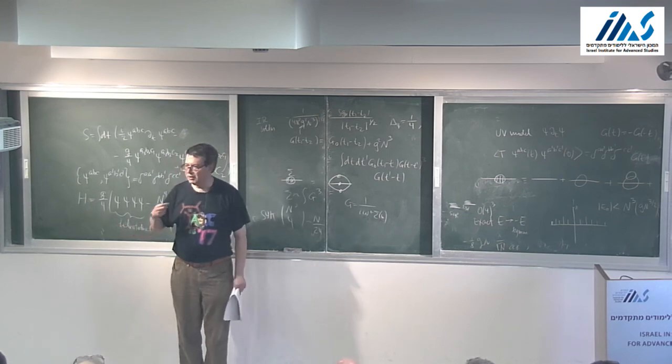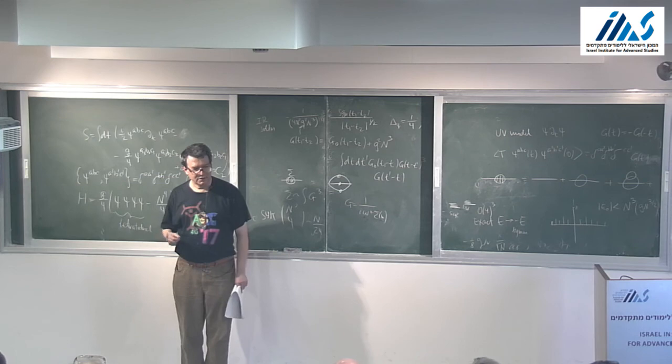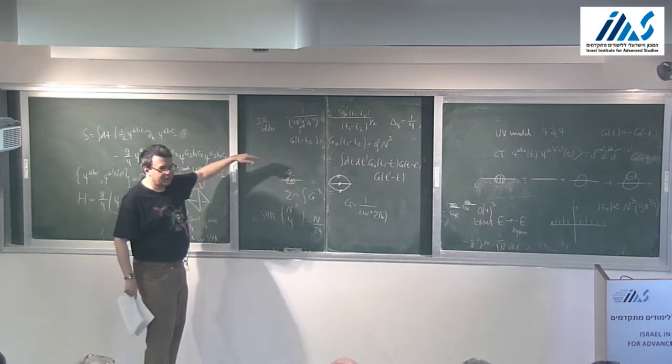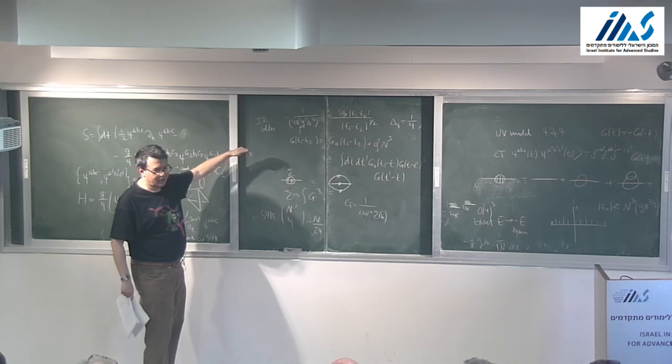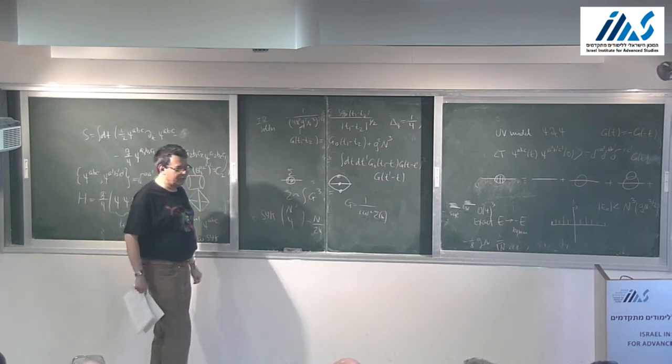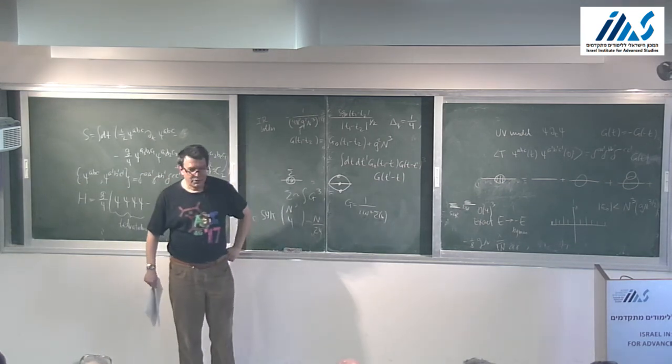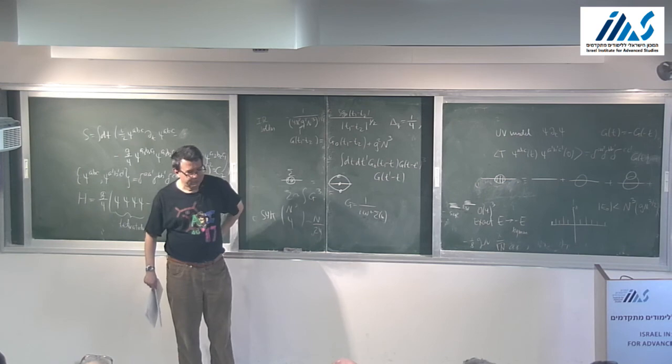So you don't get marginality. Basically, this is a relevant interaction of dimension 0 in the UV, and then it flows you to an interacting nearly conformal theory. This apparently does not happen in d equal 1.